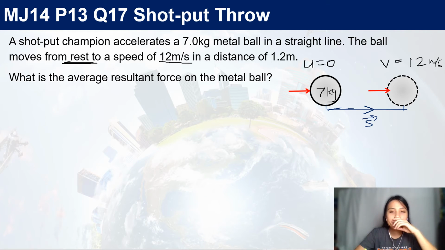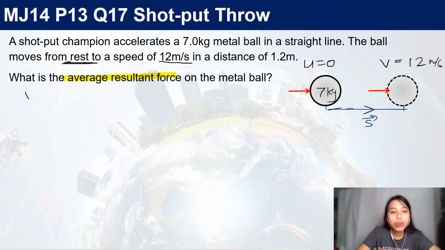First things first, you may be very tempted to say F equals ma and all this stuff. But there's a reason why they say the words average resultant force, because we don't know if that force is constant or not. It could be changing. We don't know. So that's a problem. But no worries, let's write down what we do know.